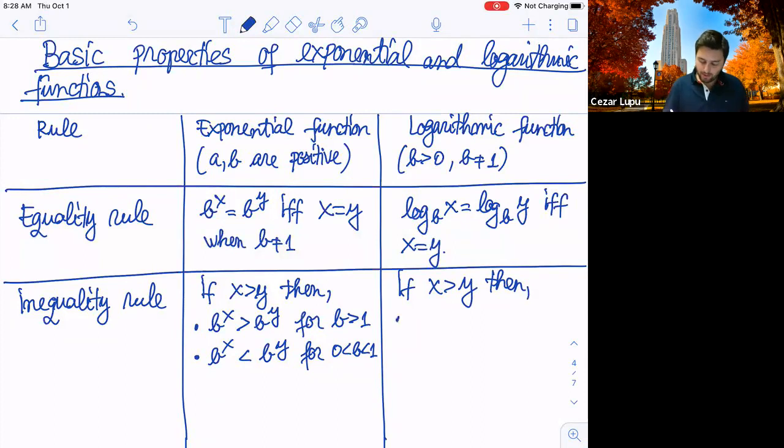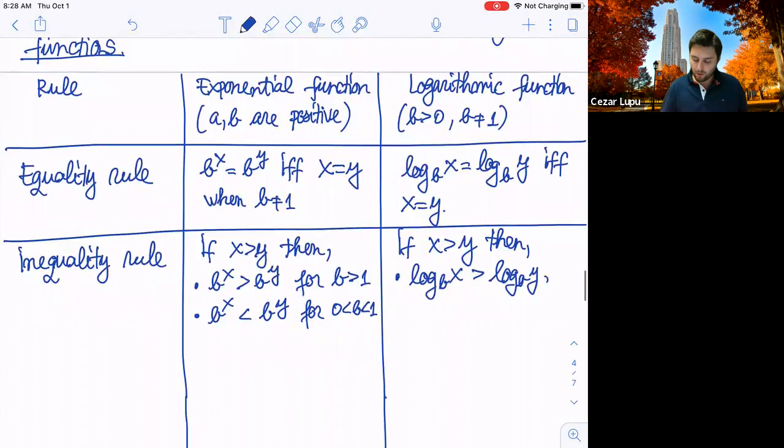Then we have that the logarithm in base b of x is greater than log in base b of y, right? For b greater than 1, and log in base b of x is less than log in base b of y for b between 0 and 1, right?